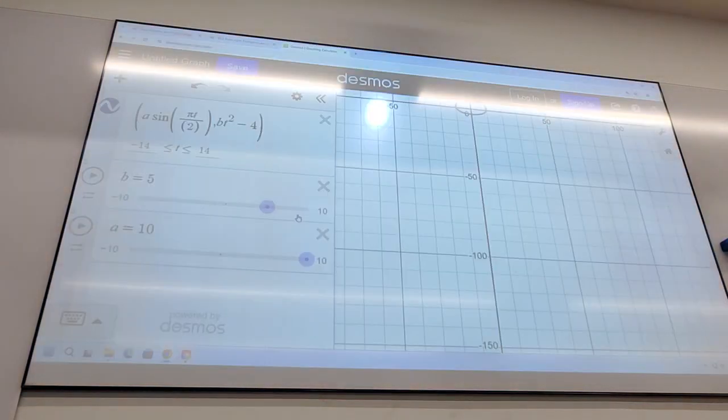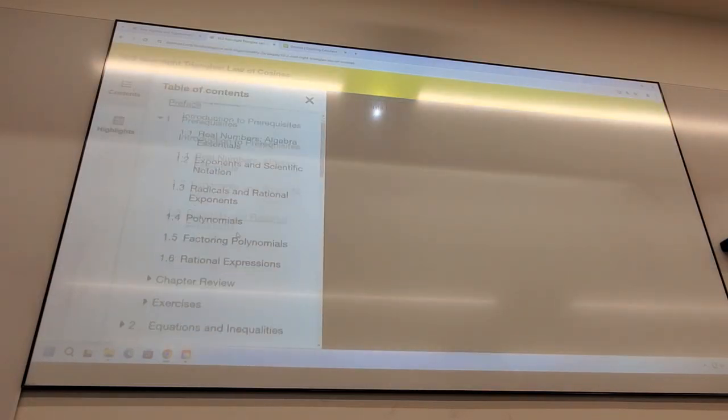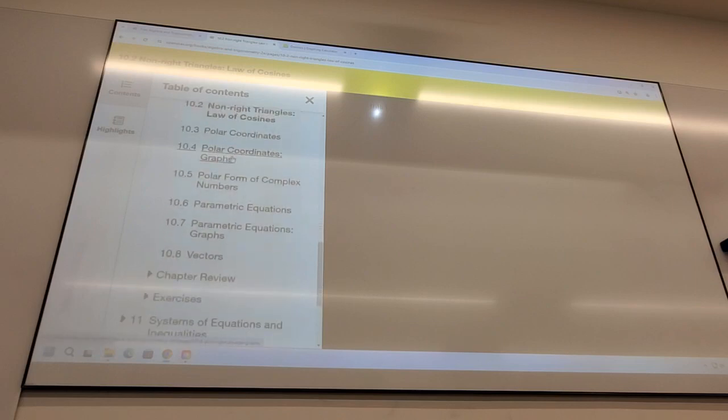So the thing I want to talk about now is section 10.6, 10.7, parametric equations graphs.